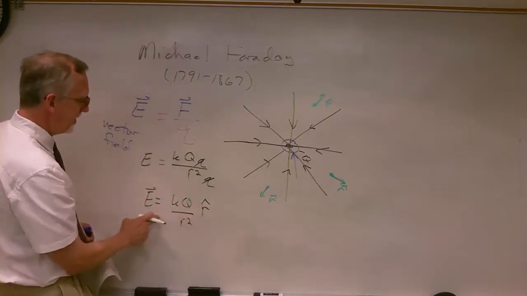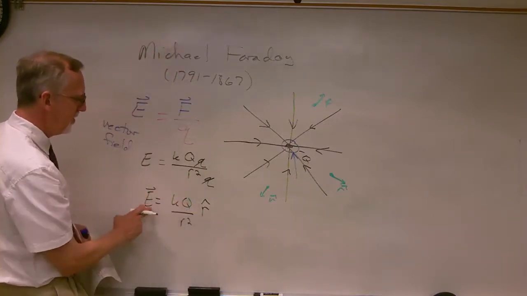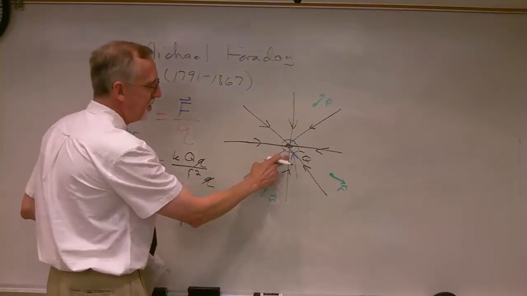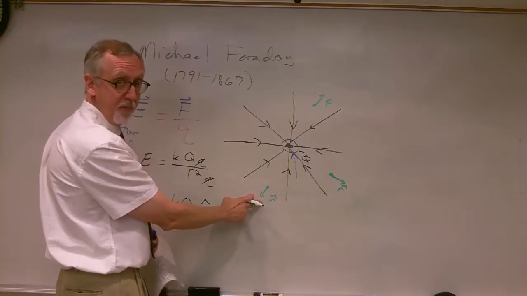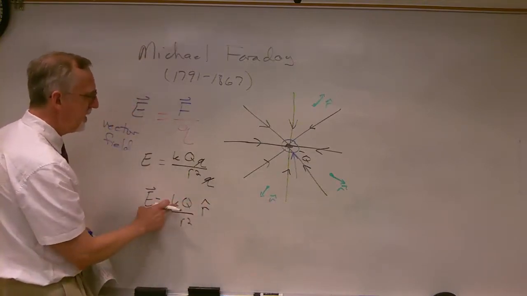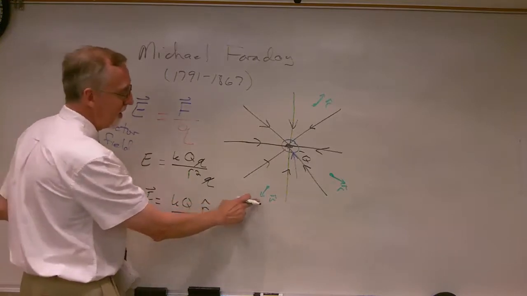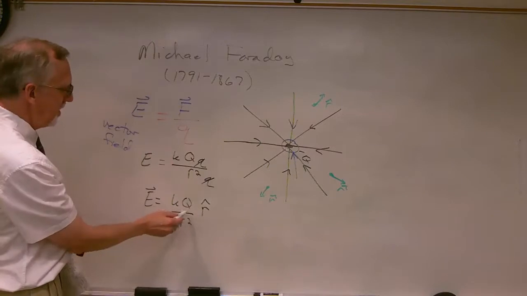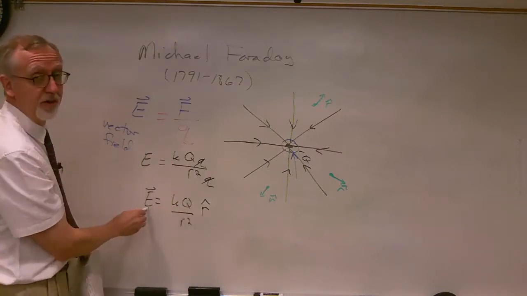So what does this tell us? If Q is positive, E points in the direction of r hat. So if Q is positive, E points away from Q. If Q is negative, E will be in the negative r hat direction, in other words, toward the charge. So that works. If we have a positive charge, the electric field points away.